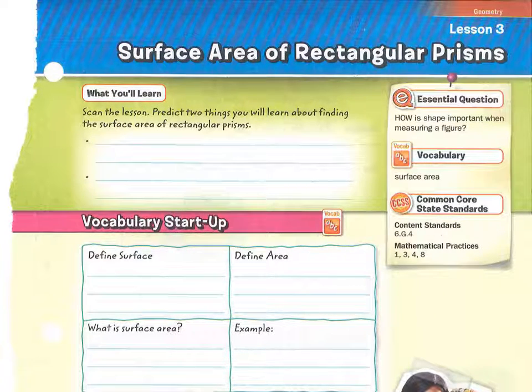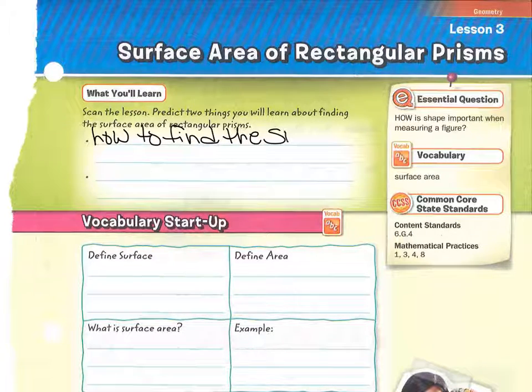Looking at the lesson and based on what you've already learned in your geometry so far, what do you think some of the things are that you will learn in this particular lesson? Hopefully you know that you're going to learn how to find the surface area of a prism, a rectangular prism.